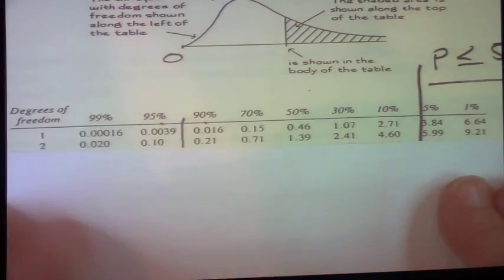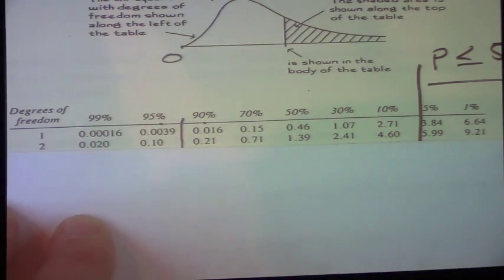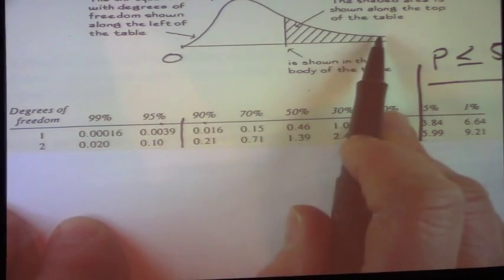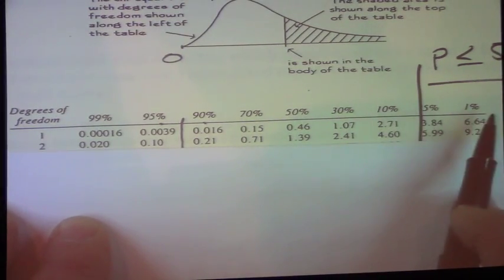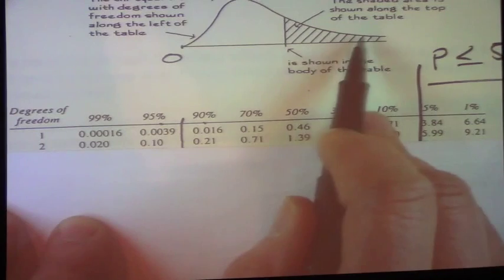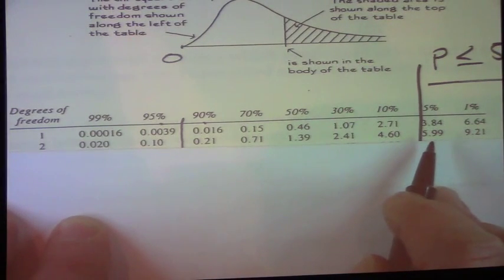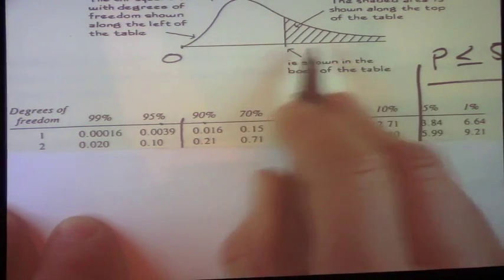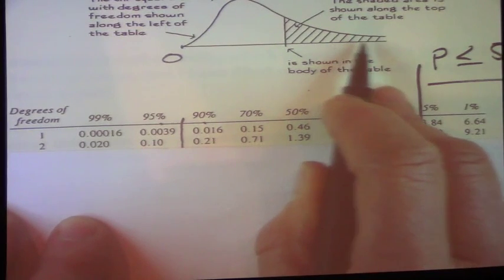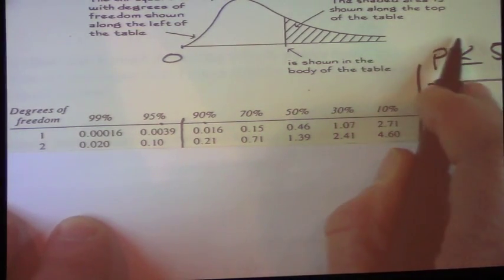And we want to see how far out it is here. Remember, we reject the null at 5% or less. So we only need a chi-square of 5.99, and we could reject the null. We are so far out. 5.9 is probably right here. Where are we? What is it, 58?